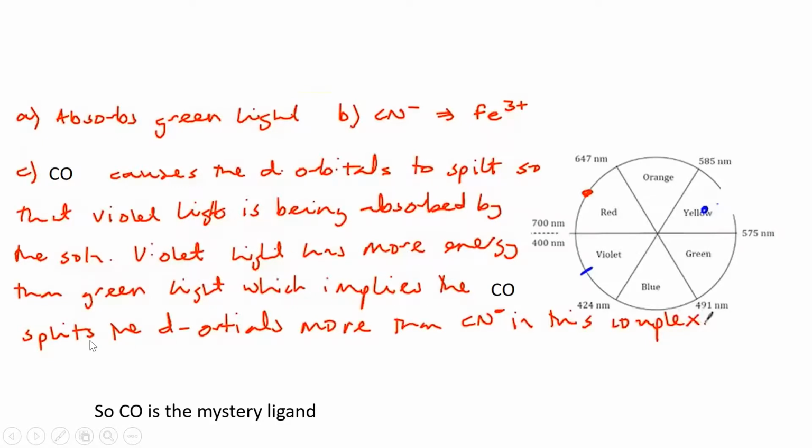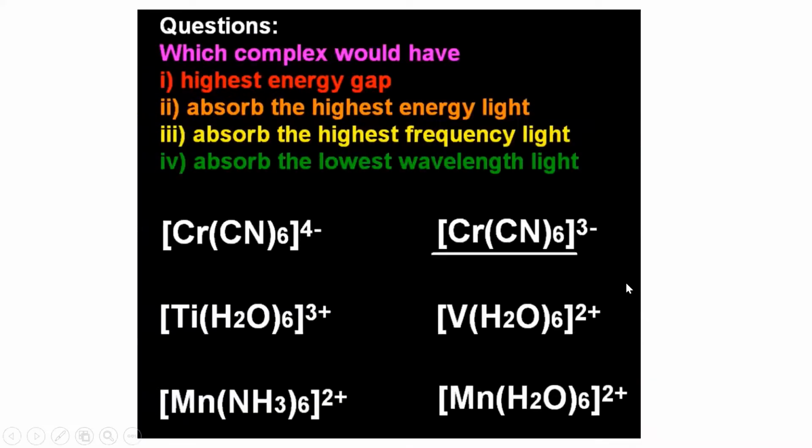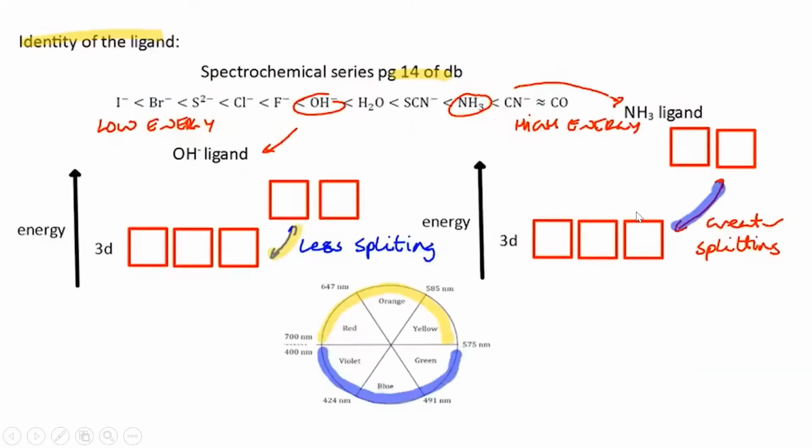So that implies that I'm splitting the d orbitals more, okay? So I'm absorbing a higher energy to split the d orbitals, the 5 orbitals. So I split those first 3 orbitals from the last 2 even more, just like we saw in this situation, like this, right? I'm splitting these two even greater than if I was using the other ligand, okay?